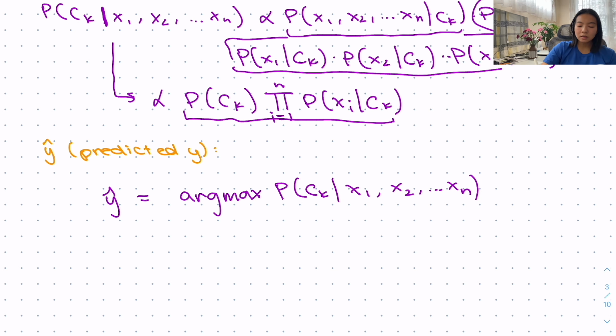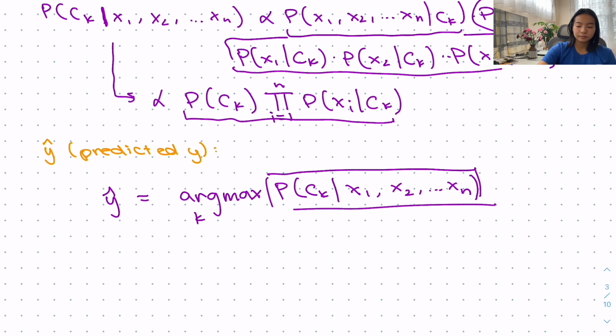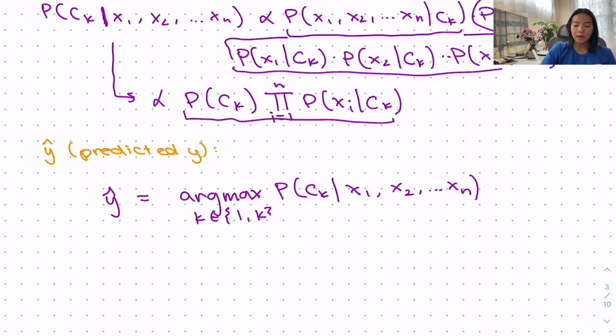We're going to take the k that maximizes this expression on the right. That's what argmax means. So if k is in 1 through K, which is how many categories there are, we're going to go through each k and solve this expression and find the k that makes it the largest.